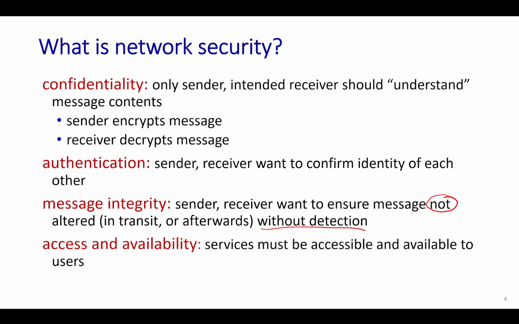And access and availability means it must be accessible and available to authorized users, not without unauthorized interruption. So authorized interruption is permitted. If you patch your server and update it and it's not available, then it's an authorized action to stop the availability, but it would still count as available because it was not an unauthorized stopping of the process, and it should be available to authorized entities.